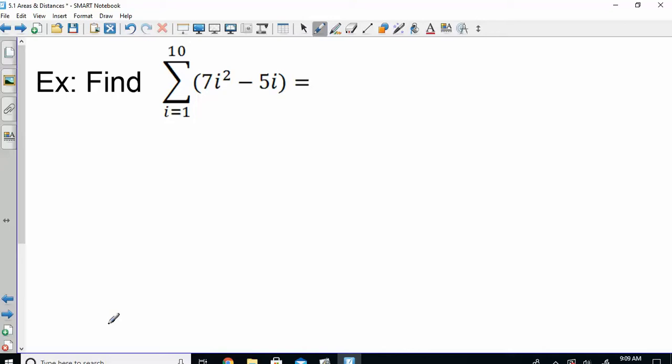If we use our formula, first of all, we know that we could do the sum of each thing separately. And we also talked about what would happen with those coefficients. They would come out in front. So really what you have to do is 7 times the sum from 1 to 10 of i squared minus 5 times the sum from 1 to 10 of i.